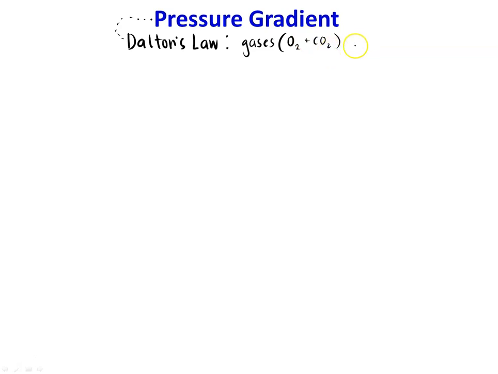Individual gases move down there. Here's a term, partial pressure, not new, gradient. So this would be moving down there.